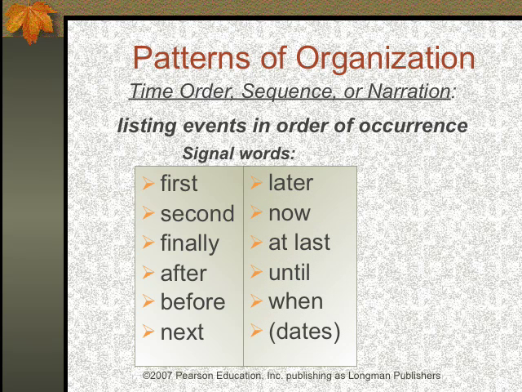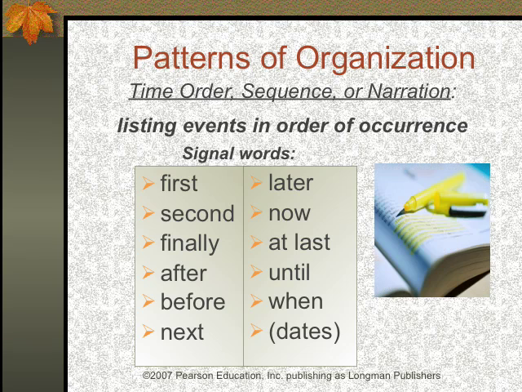When or anytime dates are being used, you know that you have to keep it in order, otherwise you'll mess up the sequence and the time order in history. So you will not get the same outcome if you do not follow the step-by-step directions.